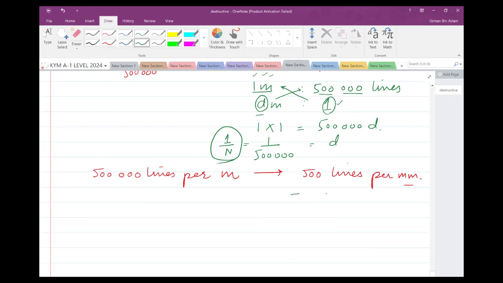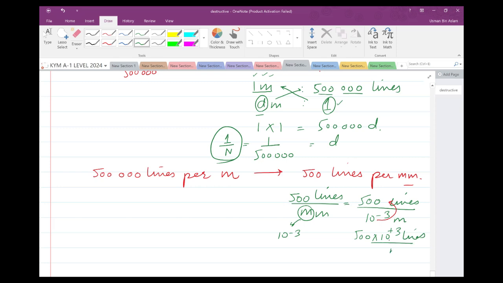If it is 500 lines per millimeter, a milli is basically 10 raised to power minus 3. So I can write it as 500 lines per 10 raised to power minus 3 meters. This 10 raised to power minus 3 goes in the numerator and it becomes 500 into 10 raised to power plus 3 lines per meter. Basically 500 into 10 raised to power plus 3 is again 500,000 lines.